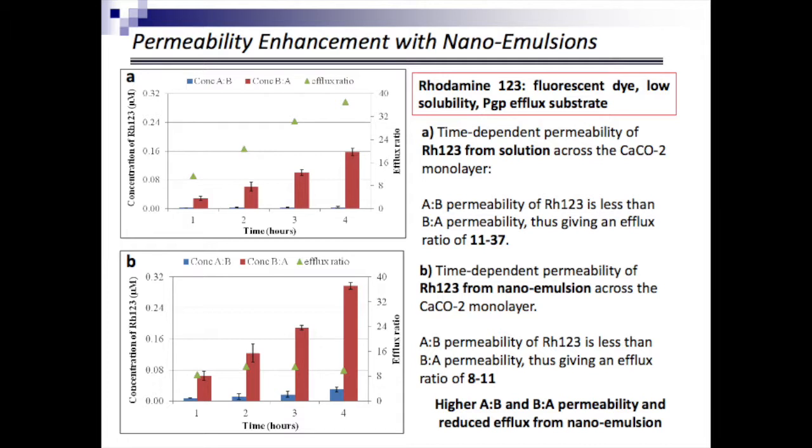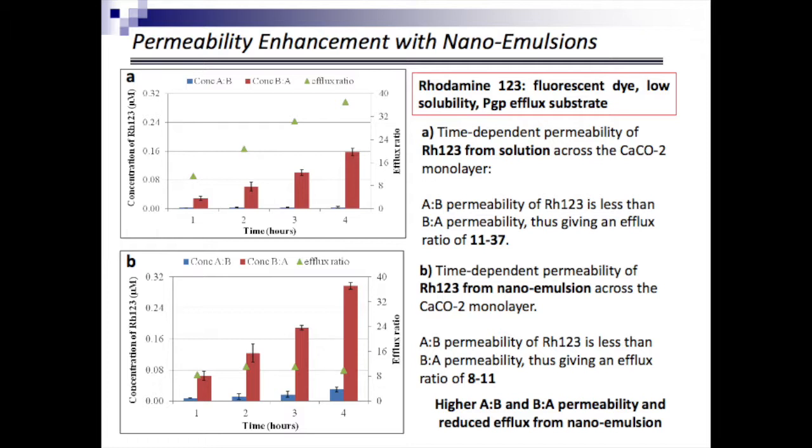The red bars are transport coming from the basolateral to the apical, where there is no efflux transport, whereas the blue bars are transport coming from top to bottom, where there is efflux transporter. So the less transport from A to B means that there is a greater efflux ratio. And that's what you see with the solution of rhodamine 123. There's a very high degree of efflux.